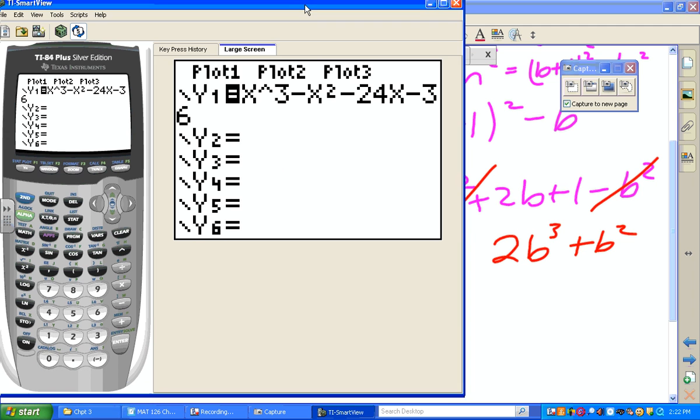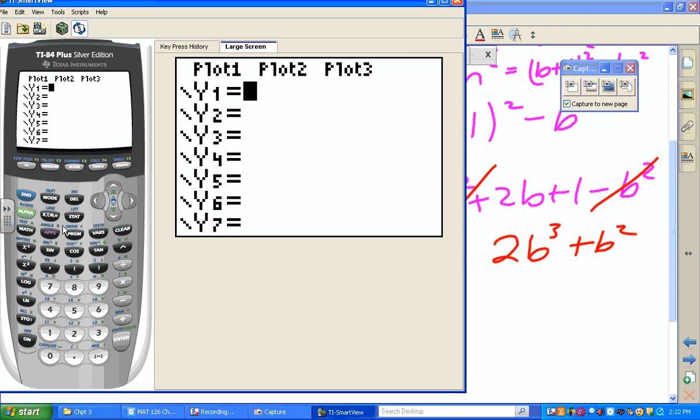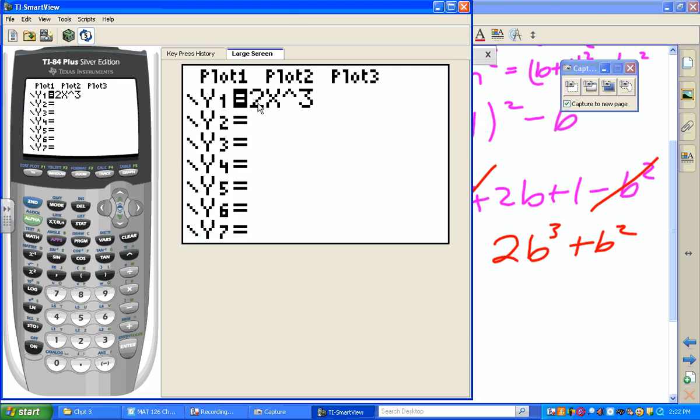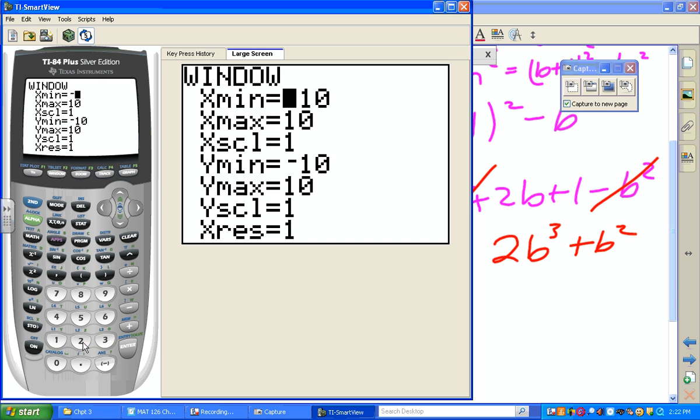2x cubed plus x squared minus 3,600. Now, I'm not going to go all the way out to 3,600 on my window. I'll go out to like 200.